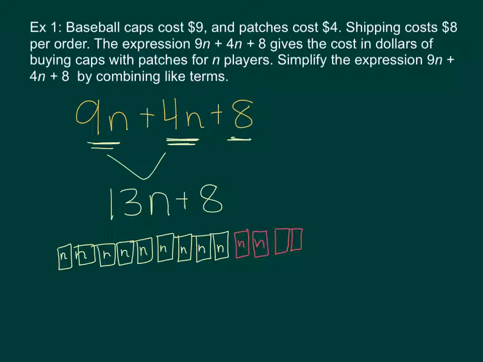These are also n. Because they're all n, we can combine them, and we have 13n. Because 8 is not a variable with an n, or a coefficient with an n variable, we can't combine it. It has to stay on the outside. So we can just go ahead and write 13n plus 8. And this is our simplified expression. We cannot solve it because we don't know what n is, but we do have a more simplified expression. So when we find out what n is, we could just plug it in.